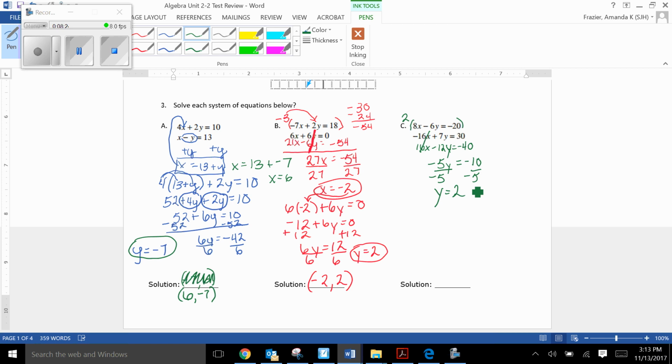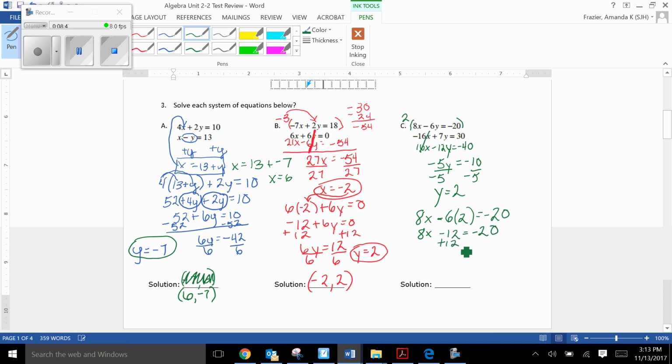All right, if y equals positive 2, now I can just choose either one of my equations and plug in and solve for x. So I'm going to use my first equation, 8x minus 6 times 2 equals negative 20. 8x minus 12 equals negative 20.